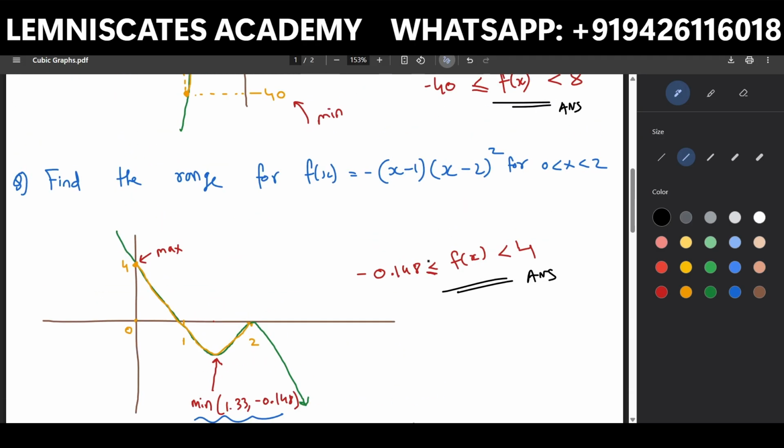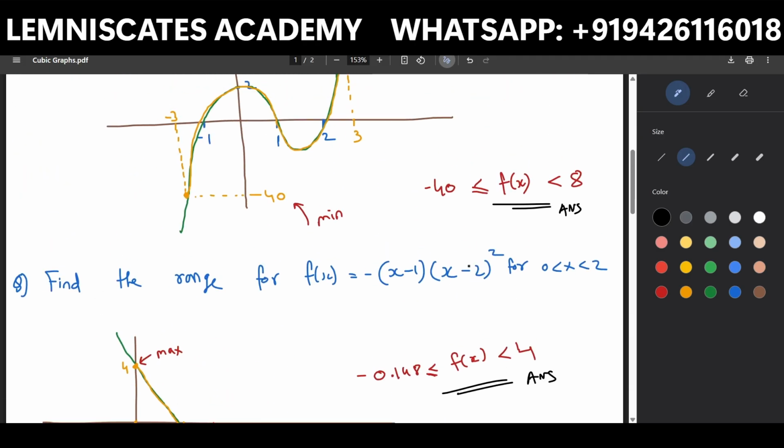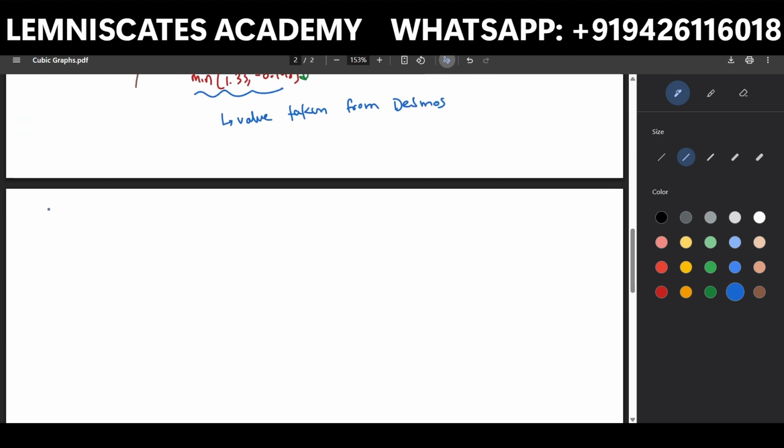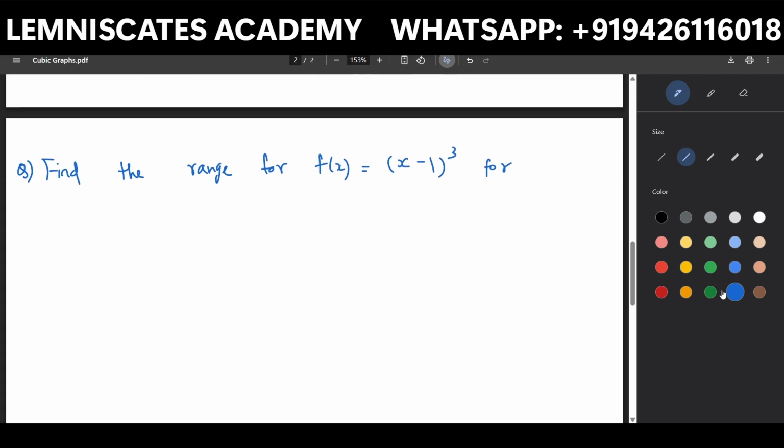Now, let's do one question when there is only one factor repeated for 3 times. So the question is, find the range for f of x is equal to x minus 1 the whole cube, and let's choose a domain in a while.